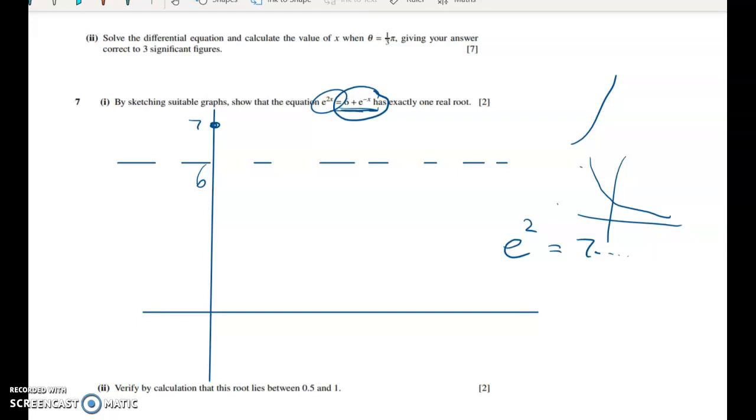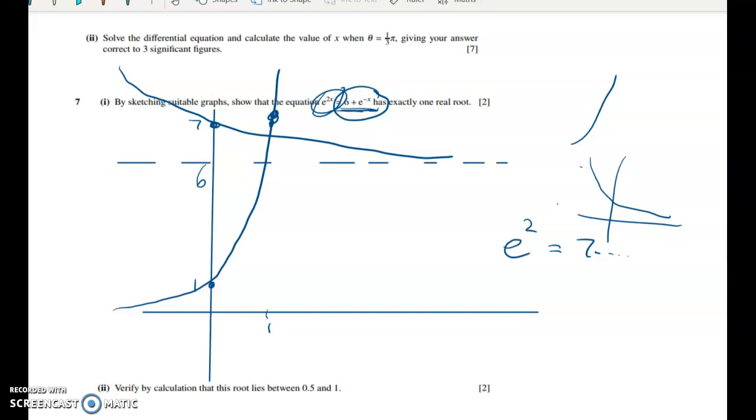So this curve is coming in here like this, and it's going like that. We know that e to the 2x, on the other hand, is going to go through the point 1 here, and it's going to be very, very steep. So if we put in 1 out here, it's going to be up here, and it's going to look like this.